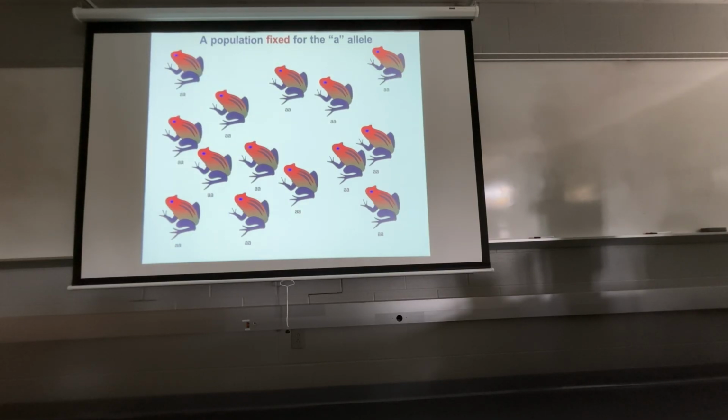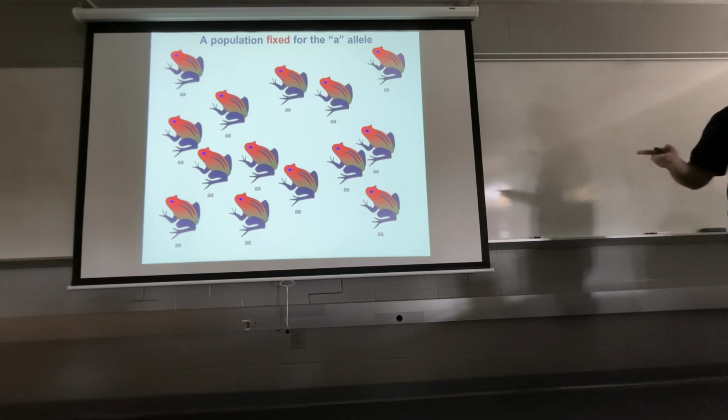Now, a population doesn't always have to be completely dominant. It can be almost completely recessive. When a population is said to be fixed for an allele at a locus, that means it's homozygous. And so in this instance, this is another population of frogs where they're all homozygous recessive. So this population's fixed for the red color. Its genotype is completely the same.